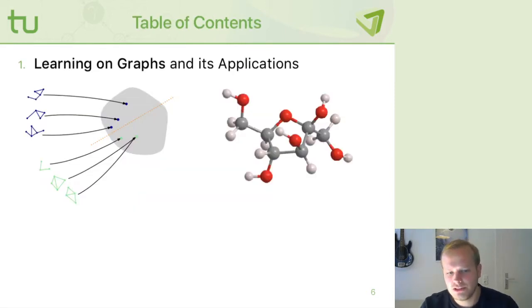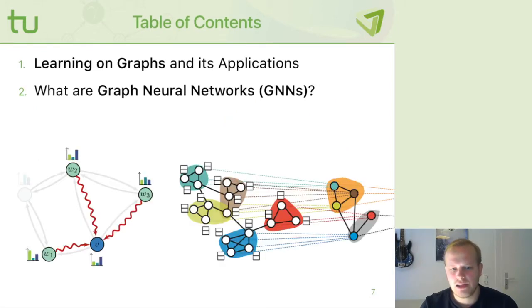Okay, so in this tutorial, I will first cover some basic concepts like what is learning on graphs and what are the typical applications. And after that, you will learn more about what graph neural networks are. And in particular, you will learn some basic formulations of graph neural networks for a given task at hand, such as relational reasoning or 3D shape analysis.